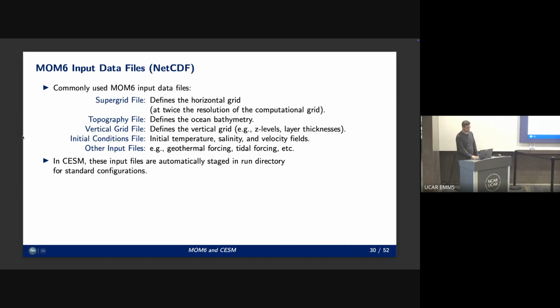We have the vertical grid file defining the vertical grid, like Z levels or layer thicknesses. The initial conditions file will include things like the initial temperature, salinity, velocity fields, and so on. And we can have other input files like geothermal forcing, tidal forcing, depending on the configuration that we have. These files are also automatically staged in your run directory in CESM for standard configurations.